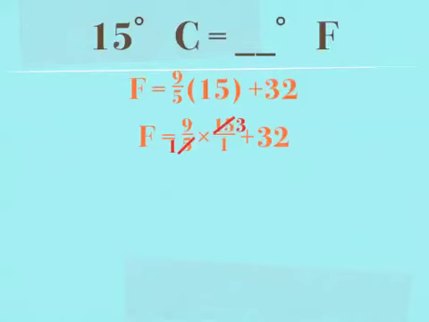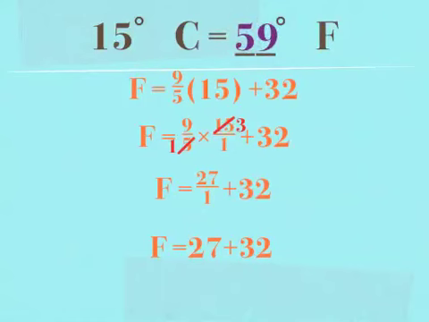Now when I multiply straight across, I have 9 times 3, which is 27, over 1 times 1 is 1. Well, when you look at 27 over 1, that is the same as the whole number 27. 27 divided by 1 is just 27. And when you add 27 plus 32, you find that 15 degrees Celsius equals 59 degrees Fahrenheit.